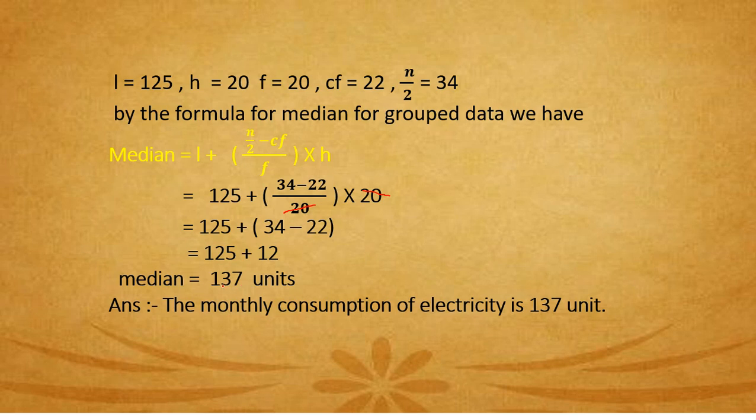This median is about the consumption units of electricity. So the median monthly consumption of electricity is 137 units. In this way we can find the median for grouped data.